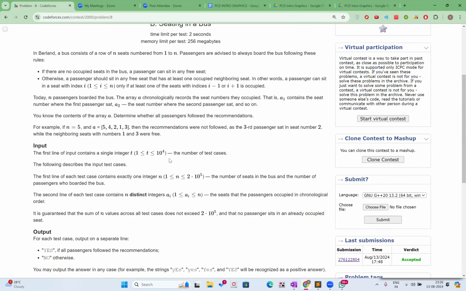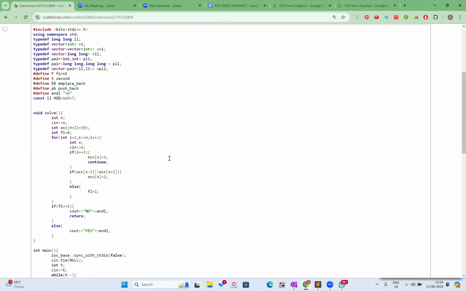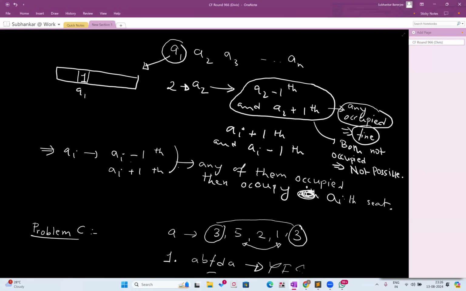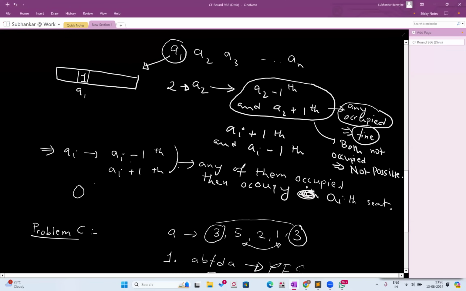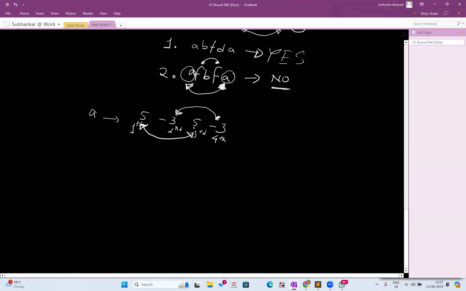For the previous question, I just looped over n and took the input, and I had an O(1) check for each input while looping over all the passengers. So the previous question's time complexity was O(n).